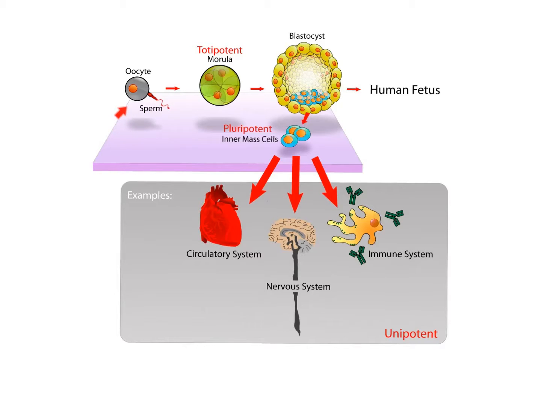This is the start of life, where a sperm meets the egg to form a single cell, and the single cell starts to divide and forms a ball of cells, but these cells are all identical in how they look and the function. And these cells are commonly referred to as stem cells, or some of the cells are stem cells, which can develop into many different types of cells.